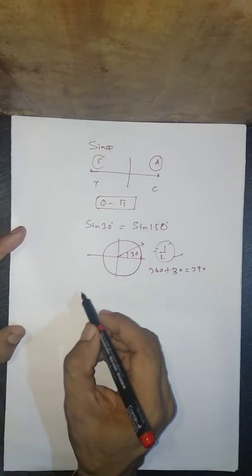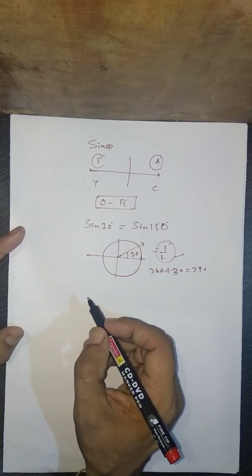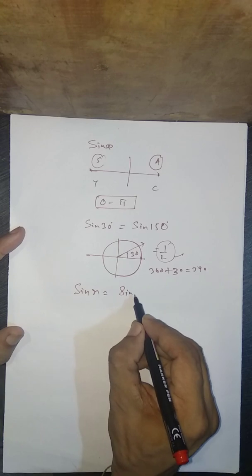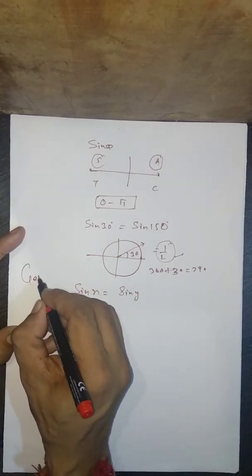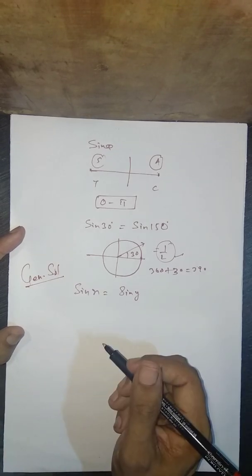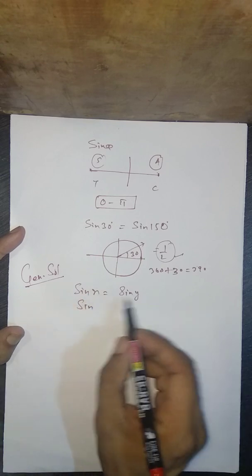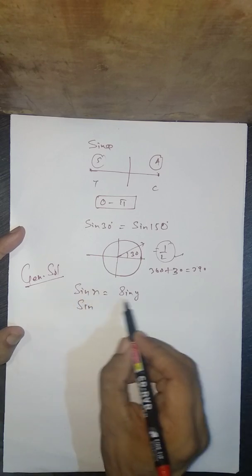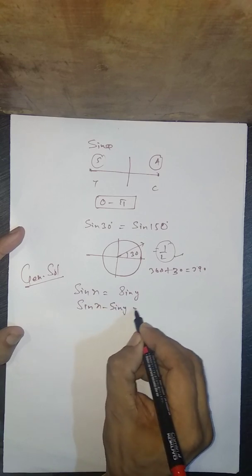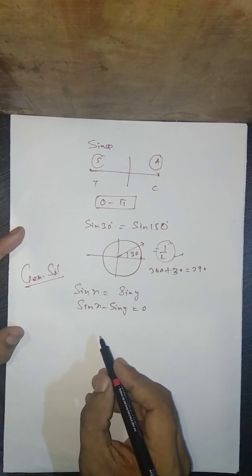So for example, if there are two different sine thetas that are equal, like sine x is equal to sine y, we're talking about the general solution. If sine x is equal to sine y, then sine x minus sine y is equal to 0.